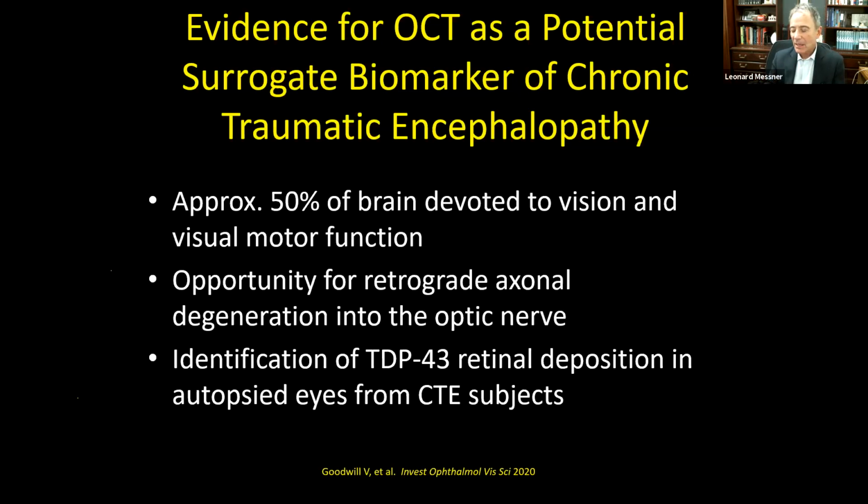I remember being on a conference call a number of years ago with Dr. Ann McKee, who's one of the leaders in the histopathology of CTE as part of the Center for the Study of Traumatic Encephalopathy at Boston University. And she made this comment.